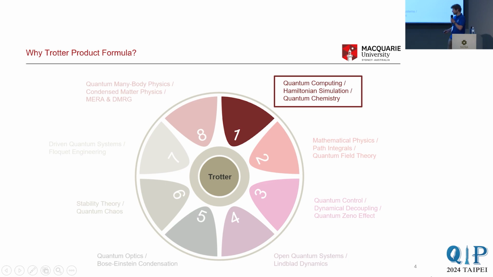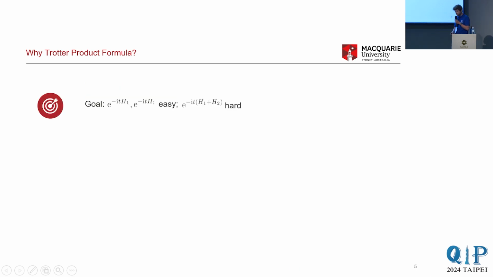Roughly, the idea of Trotterization is you have some target dynamics given by some operator h1 plus h2, and that's very difficult to implement. But you can implement the dynamics under h1 very easily, and you can implement the dynamics under h2 very easily. So you want to split the dynamics under h1 plus h2 into its individual components, and you use the Trotter product formula to do so.